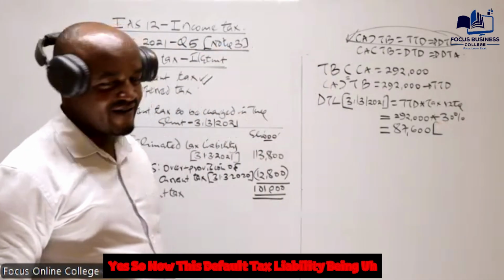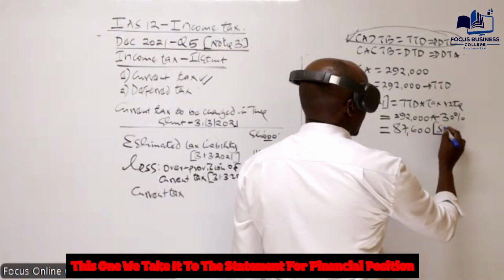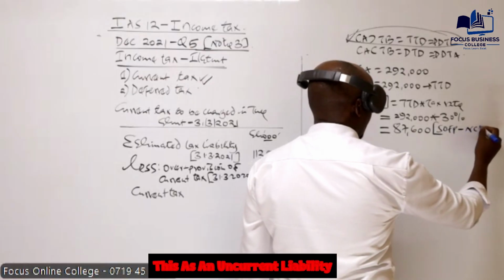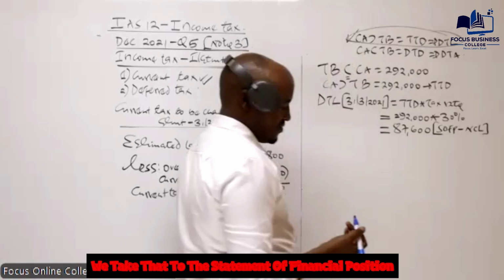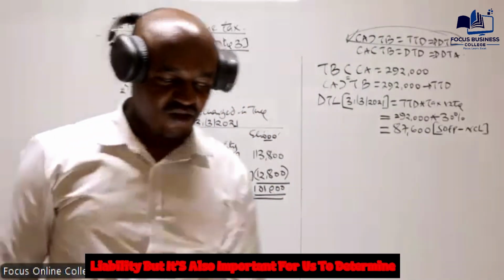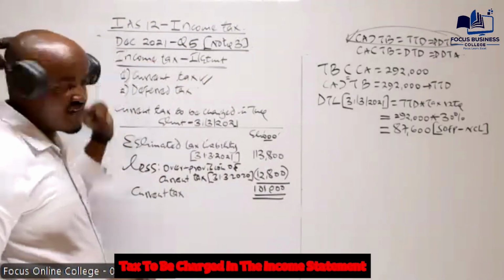Now this deferred tax liability, being the liability at the end of the year, we take to the statement of financial position, and we recognize it as a non-current liability. But it's also important for us to determine the amount of deferred tax to be charged in the income statement.